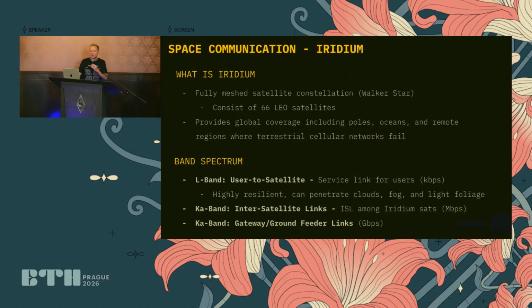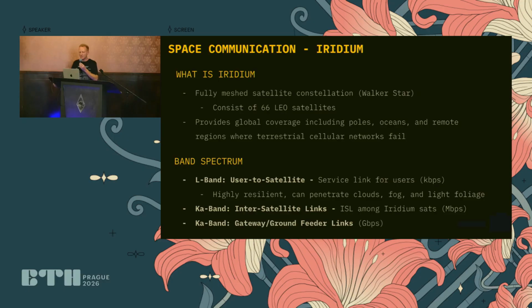A more friendly project to work with regarding satellite communication is Iridium. They also have a mesh network in the sky. They definitely have fewer satellites, 66, but they have operated since the 90s. They are long-term players.